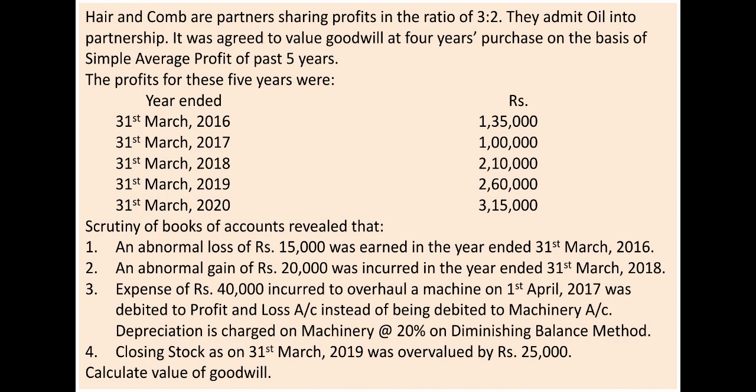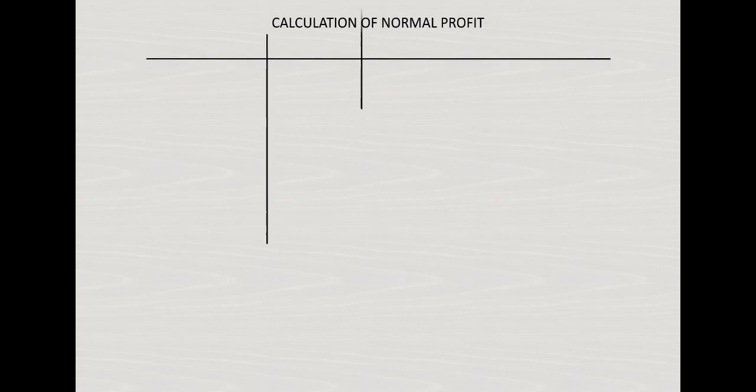Then depreciation is charged on machinery at the rate of 20% on diminishing balance method. Closing stock as on 31st March 2019 was overvalued by rupees 25,000. Calculate the value of goodwill. Let's start. Make a table for calculation of normal profit.